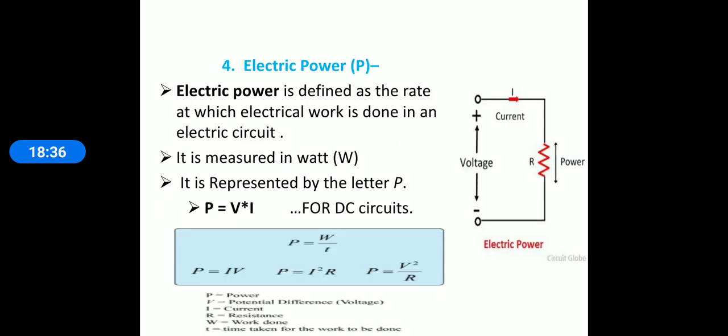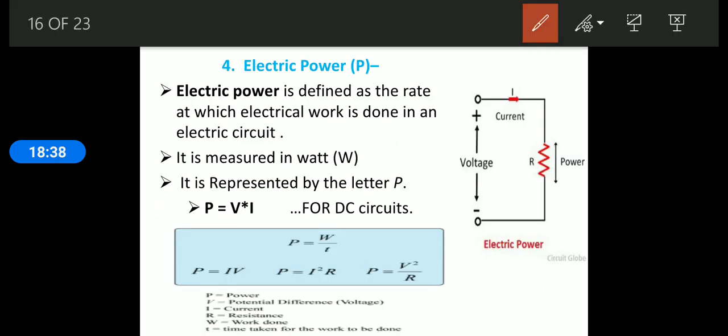Next, electrical power. Electrical power is denoted by P. What is electrical power? Electrical power is defined as the rate at which electrical work is done in an electrical circuit.